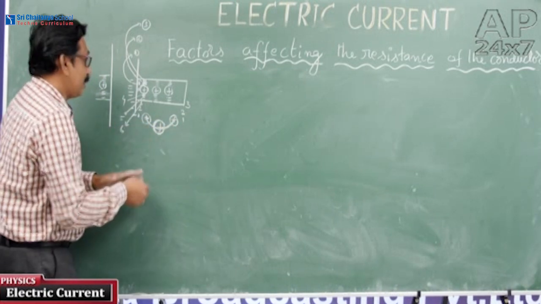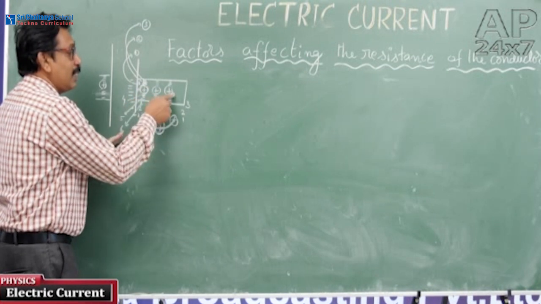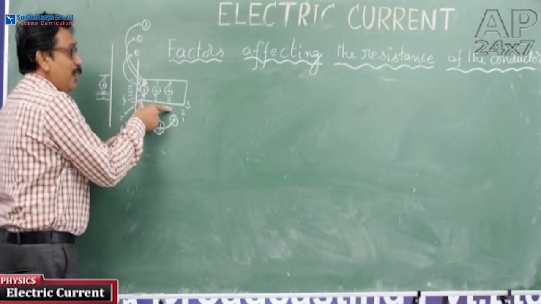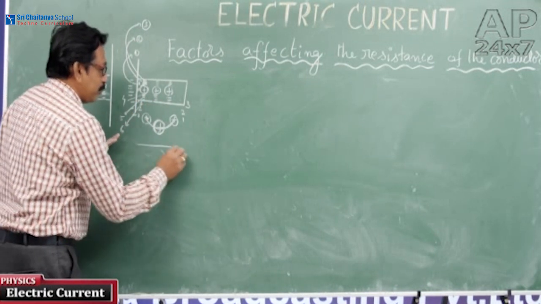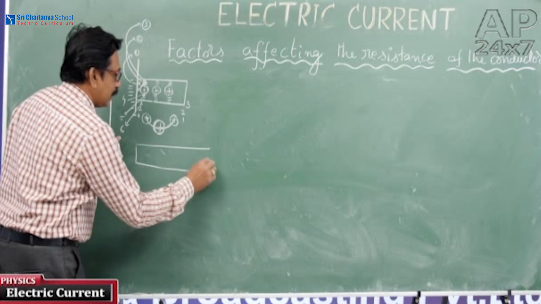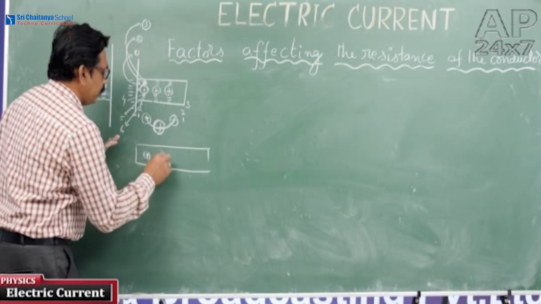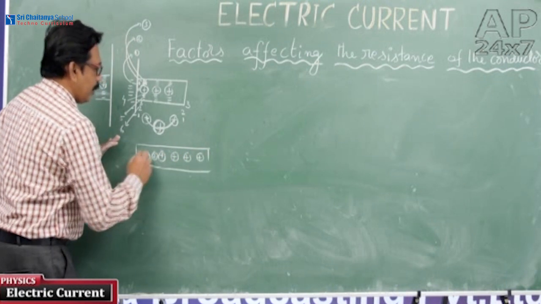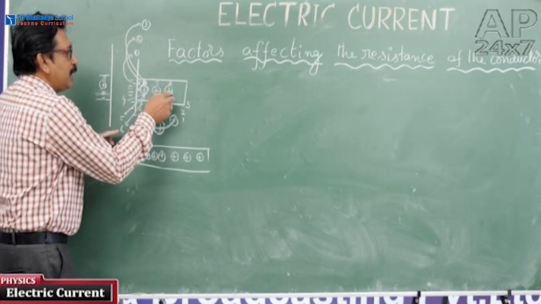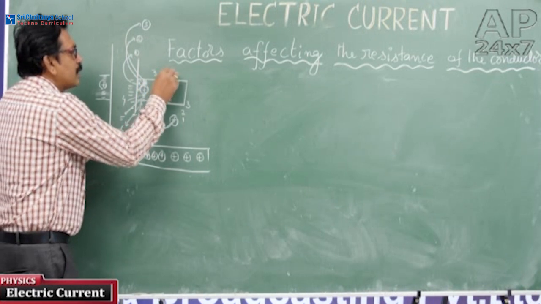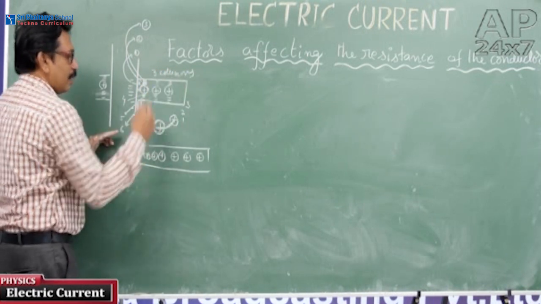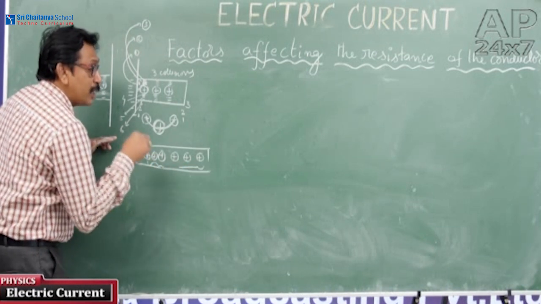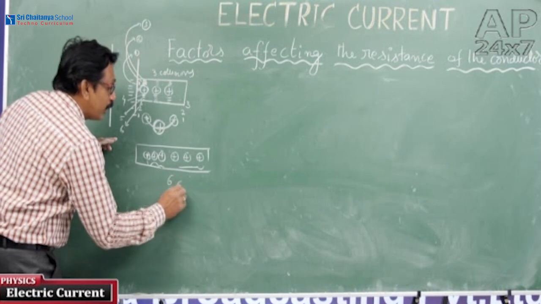So you know very well that if these are the 3 core ions for this length, and I increase the length like this, placing 6 core ions, then these core ions will cause 6 collisions. Yes or no?